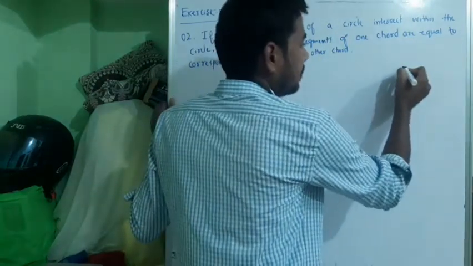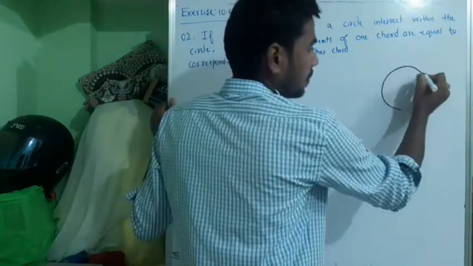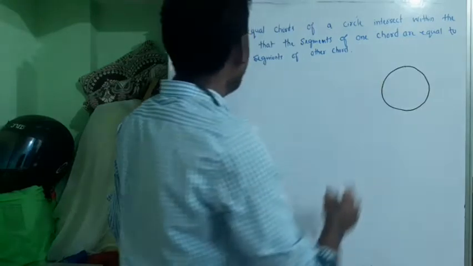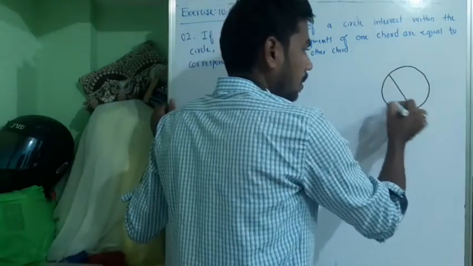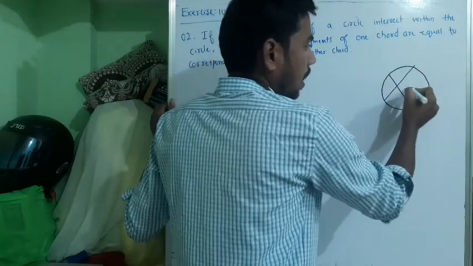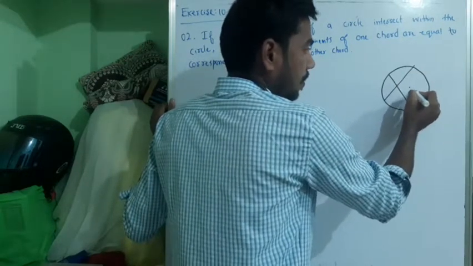What does it mean? See, there is a circle. There are two equal chords. Let O be the center.